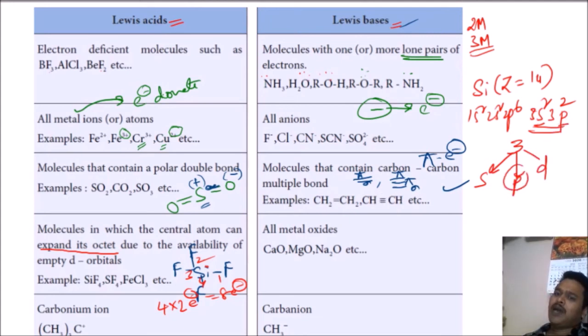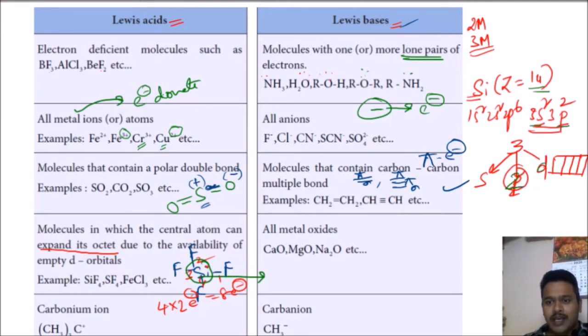Here in the p orbital only 2 electrons are there. The d is completely vacant, due to the vacant 3d orbital of silicon. In the silicon configuration 3s2 3p2, the d orbital exists but it is vacant, so it is ready to accept.